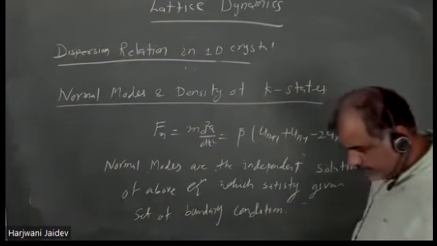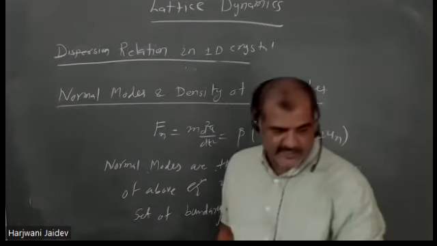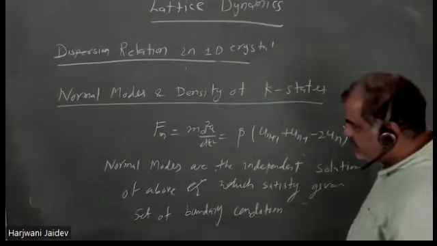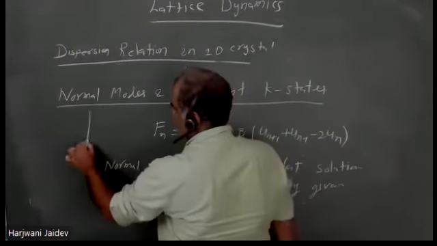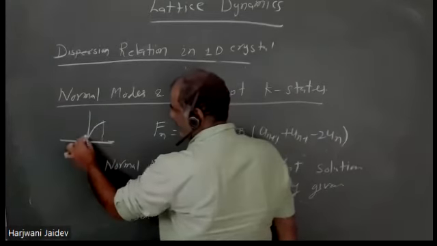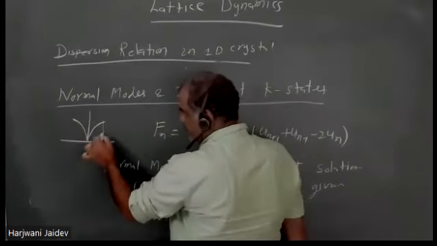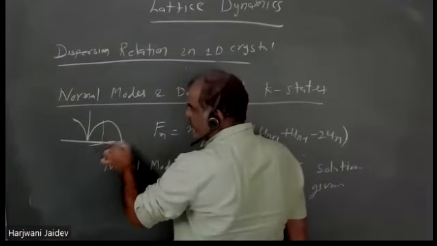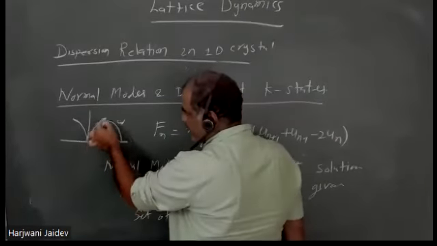Now I want to calculate how many modes there are. We saw that from 0 to π/a this was my graph. After 0 to π/a, all the k values and omega values that come are repeated.